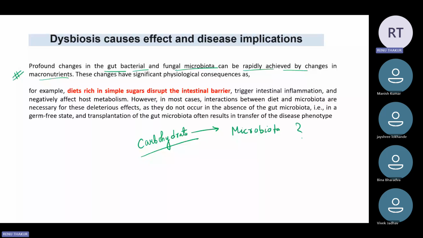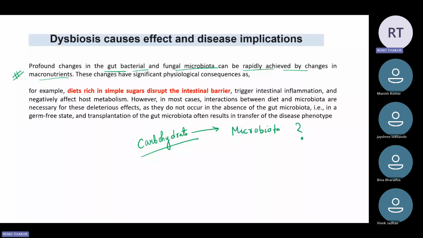What carbohydrate will do to your gut microbiota is also a point. People are studying the effects of carbohydrate, because in an Indian diet the major portion is carbs, and after that protein, fats, and so on. So are there any changes in the gut bacterial and fungal microbiota if we are consuming carbohydrate in a larger amount?